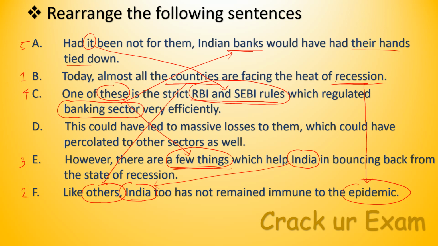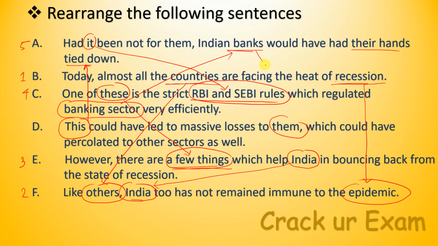It means if RBI or SEBI hadn't regulated the banking sector very efficiently, then Indian banks would have had their hands tied down. And the final sentence: these could have led. So this means this hands tied down situation. So this could have led to massive losses to them. Now them, as you can see, is a pronoun. So which noun does it link to?